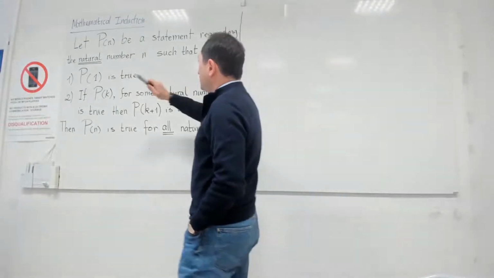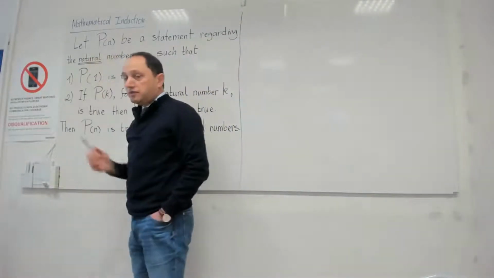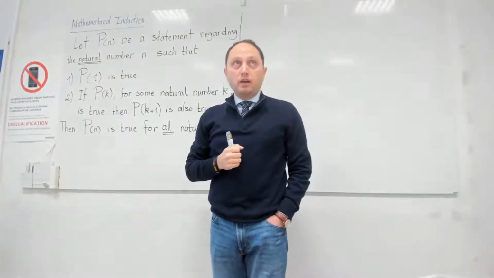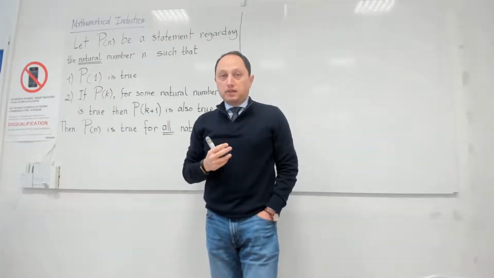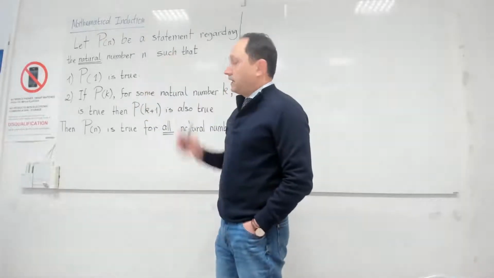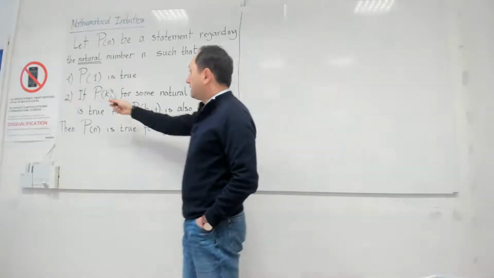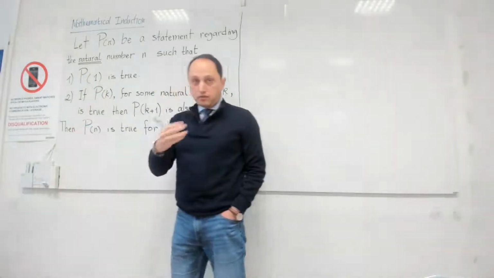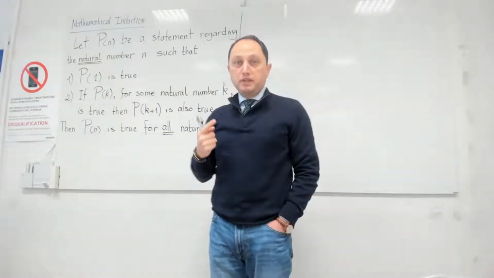So what we say is that P(n) is a statement regarding the natural number n, yes? And then we know two things about this statement P(n). One thing is that P for the first natural number n equal to 1 is true. And we know something very important.